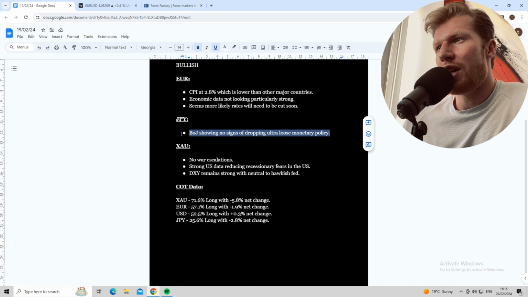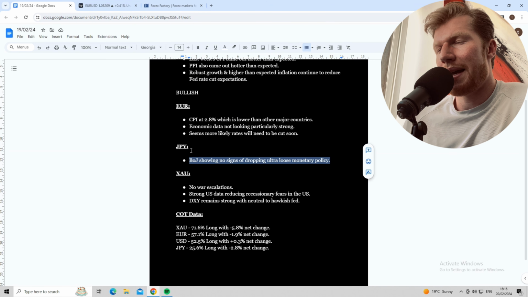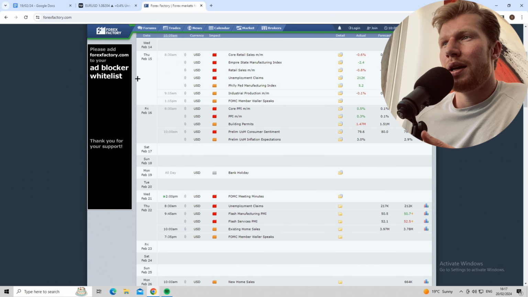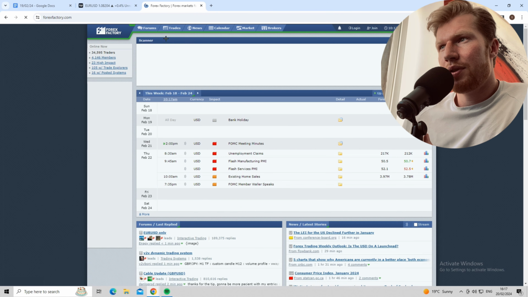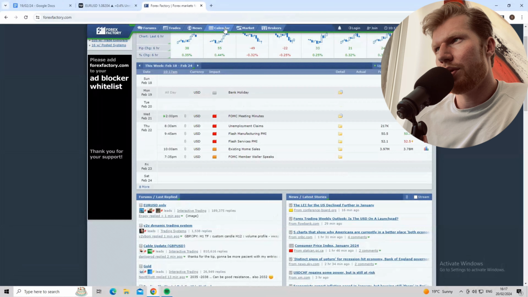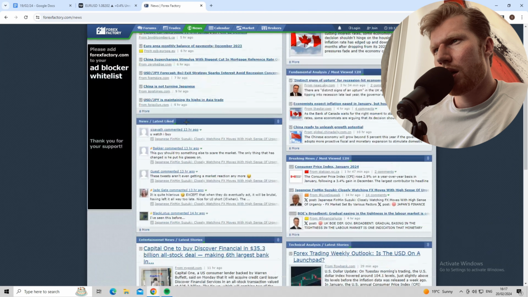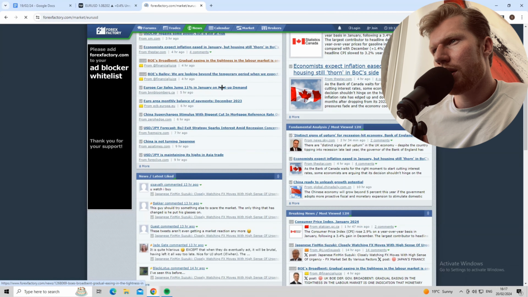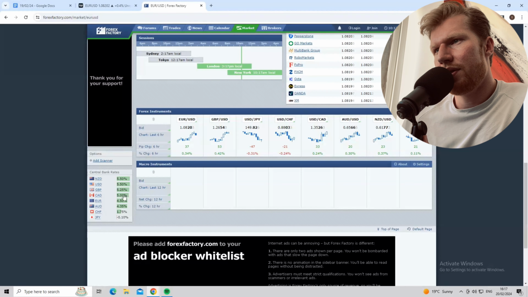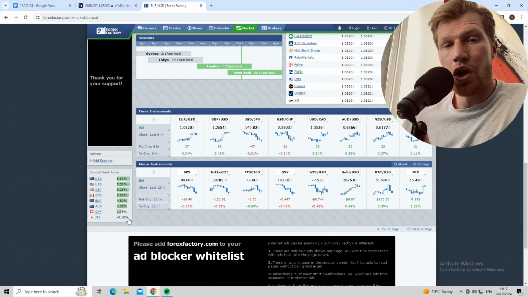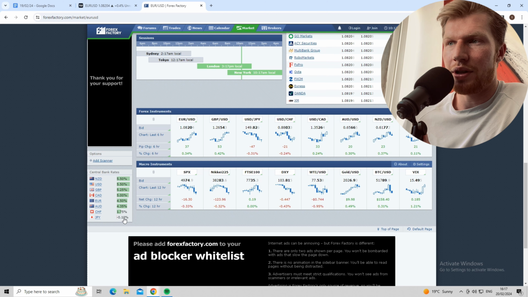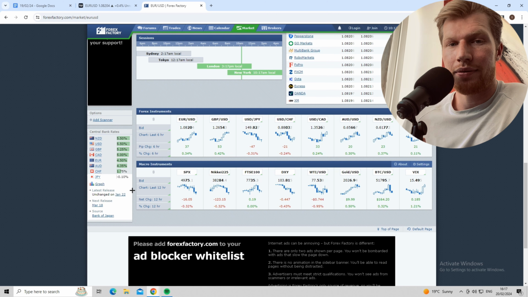Then we've got JPY. Bank of Japan, there are no signs they're going to drop their ultra loose monetary policy. If you don't know, Japan has actually kept their interest rates negative, right?